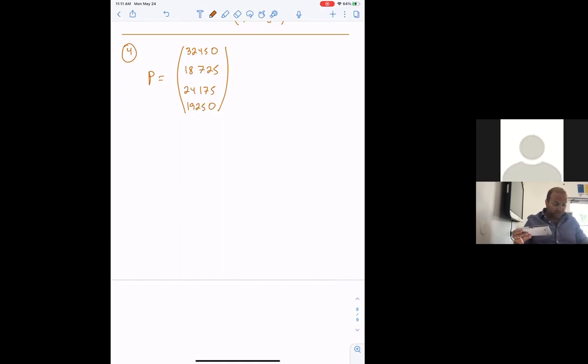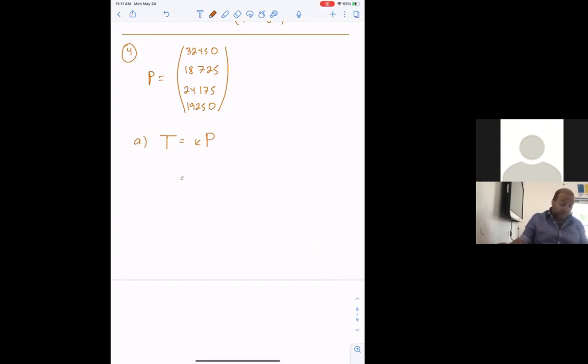The sales tax rate is 7.5% of the purchase price. So A, write down capital T equals lowercase K capital P, where capital T represents the amount of tax paid for each car.